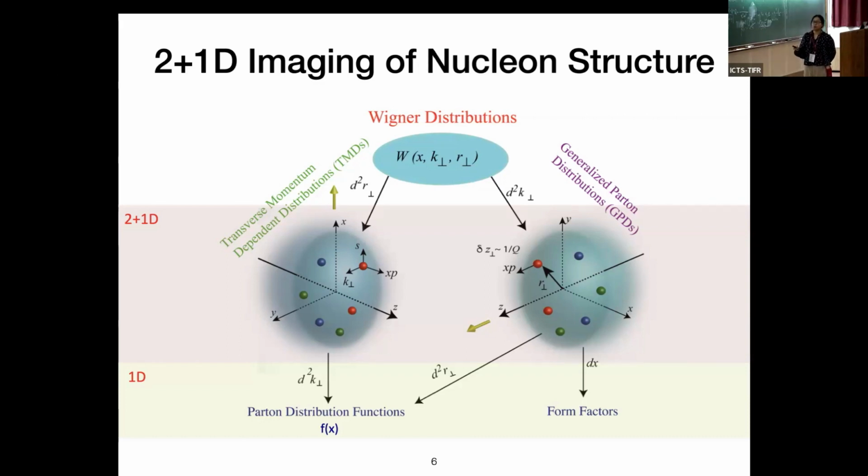If you integrate over the transverse position, you get the x and kT dependent distribution, which is called the transverse momentum dependent distribution. The other one is dependent on x and transverse position. This is called the generalized parton distribution function. If you further integrate over the transverse momentum information, then you get the collinear parton distribution function. For the GPD, if you integrate over the Bjorken x variable, you get information about the form factor.